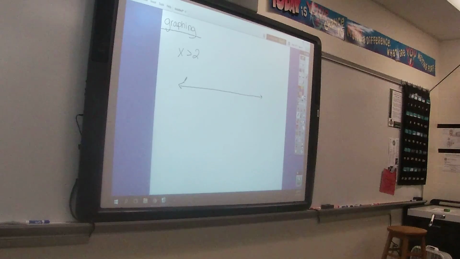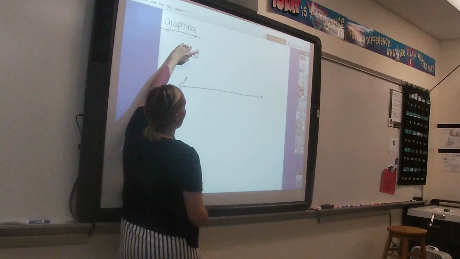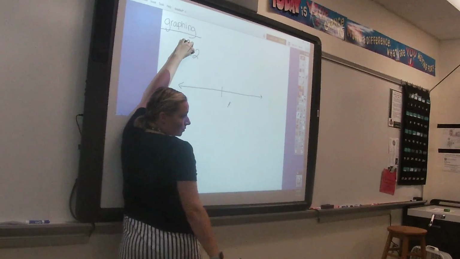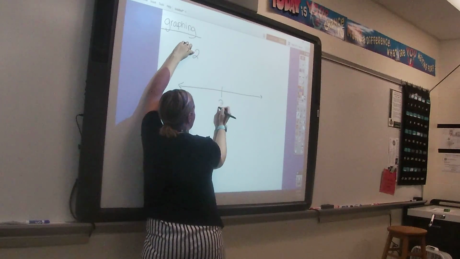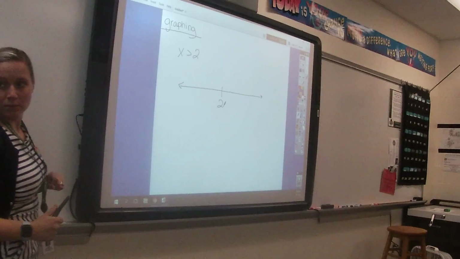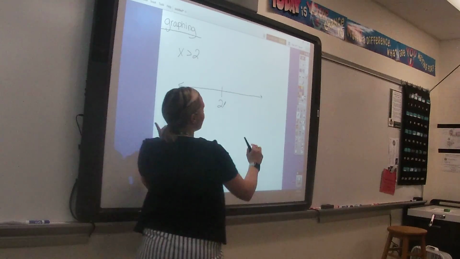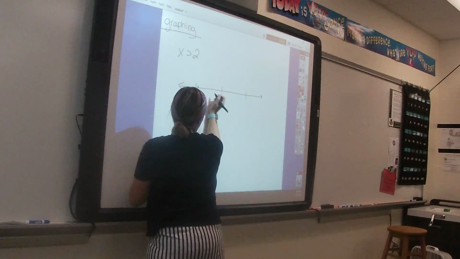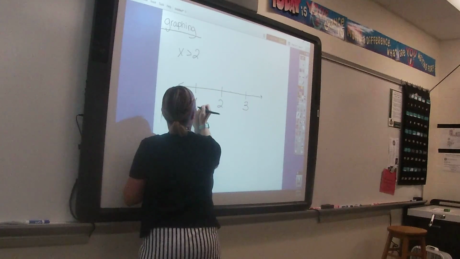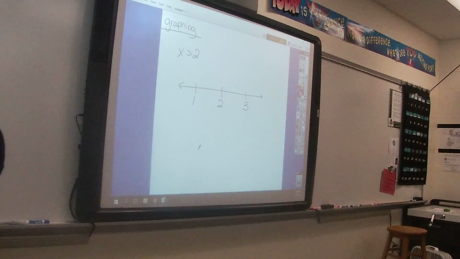You have to have this number on your number line, in the middle, and a number to the right of it and a number to the left of it. Think about it like we're zooming into one particular place that we want to look.